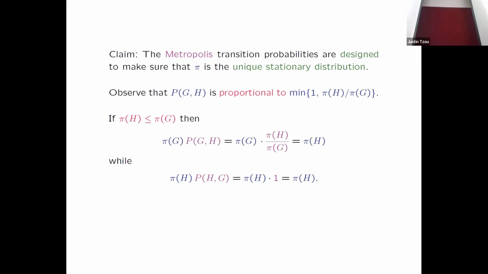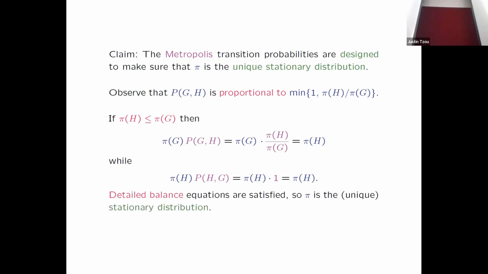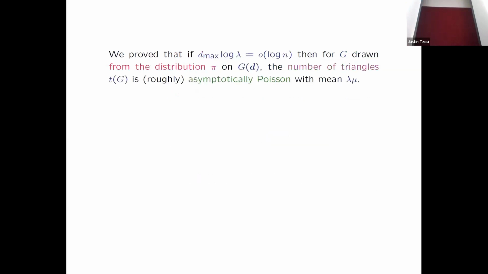And that means that pi is the stationary distribution, as we saw before. Okay, is there something else? Yeah, we know that pi is the distribution we're going to get in stationarity. And now the question is, how long will it take to get there? So the first thing we had to do was look at the distribution of the number of triangles under the new probability distribution pi.